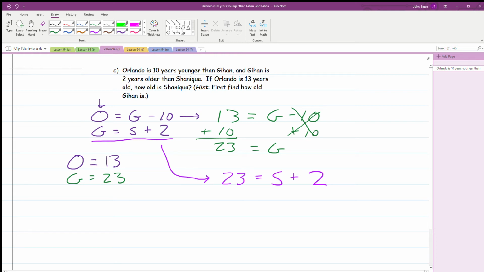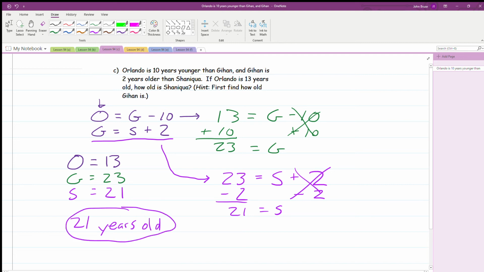So let's subtract 2 from this side and subtract 2 from this side. These cancel out, and that gives us 21 equals S. So S equals 21. So the question is, how old is Shaniqua? Well, Shaniqua is 21 years old, so we can write 21 years old.